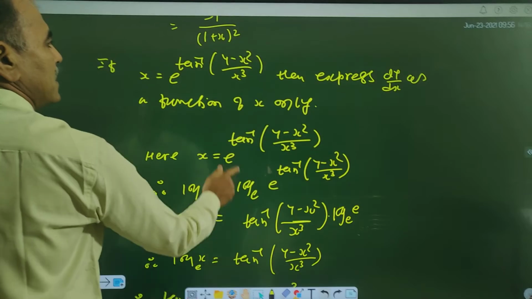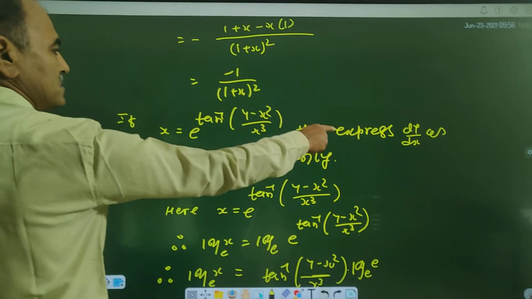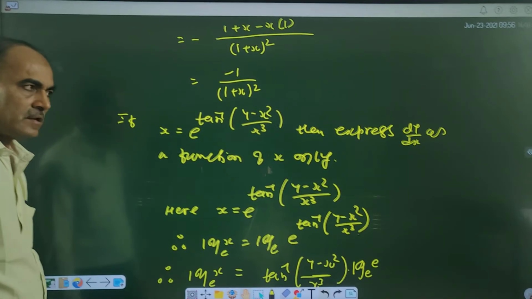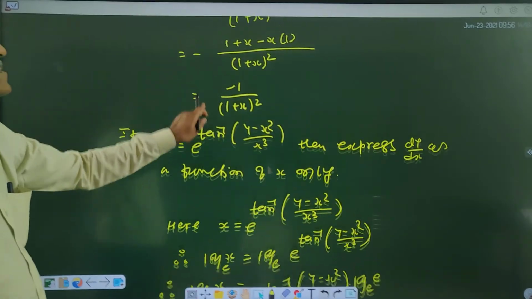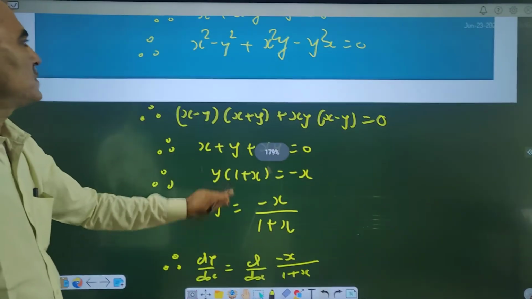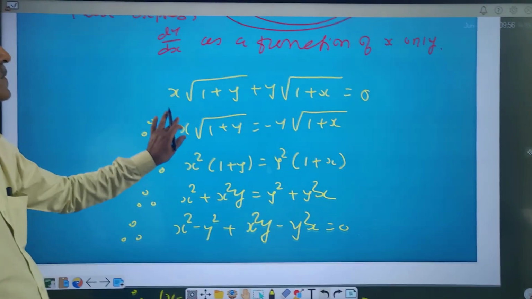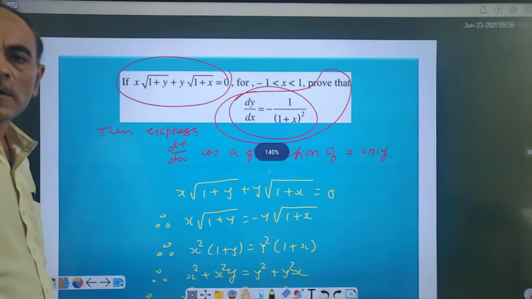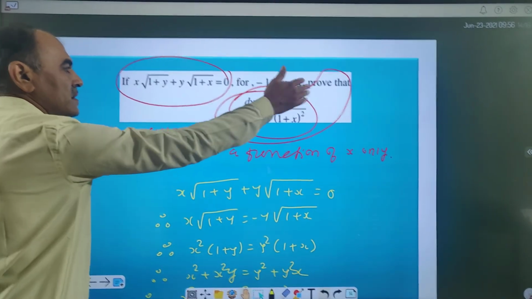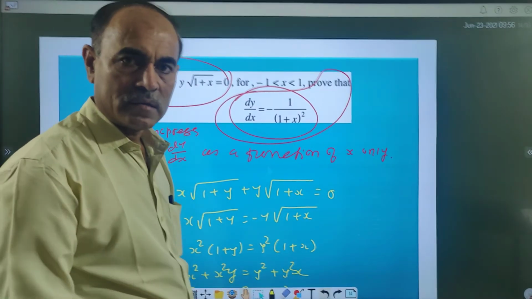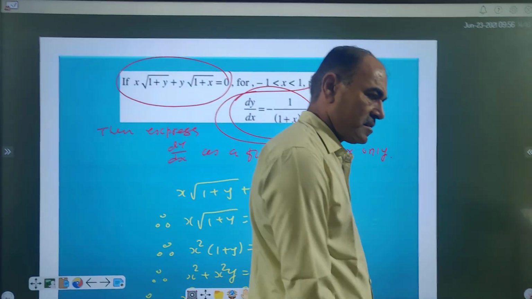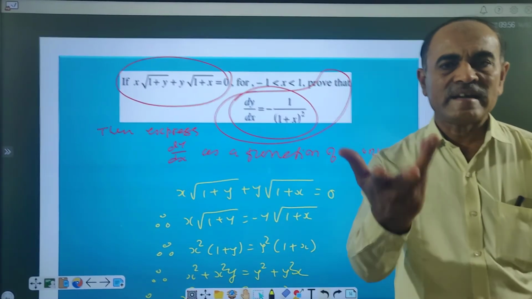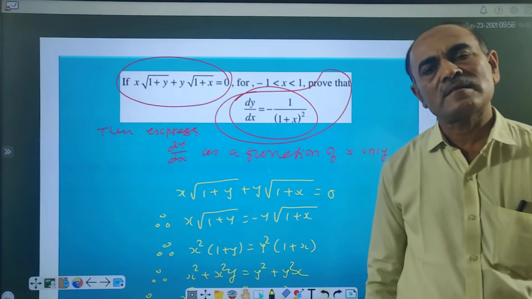We want to see that if x is given in this way, then dy by dx is expressed as a function of x only. And here this one is a very simple sum. They want dy by dx in terms of x only. If they want dy by dx in terms of x only, then according to this sum, make y the subject and differentiate with respect to x. It's very easy.